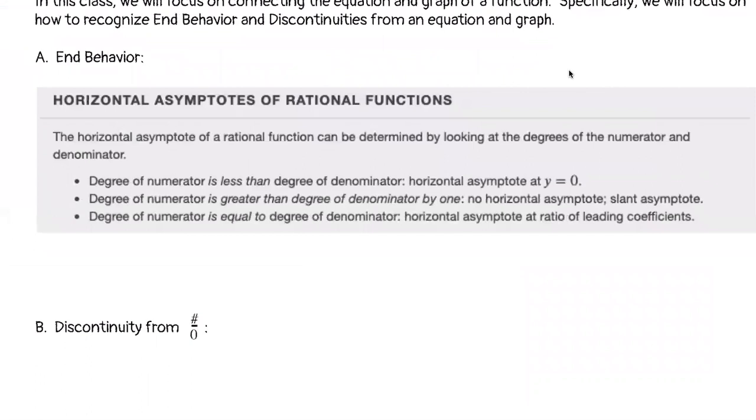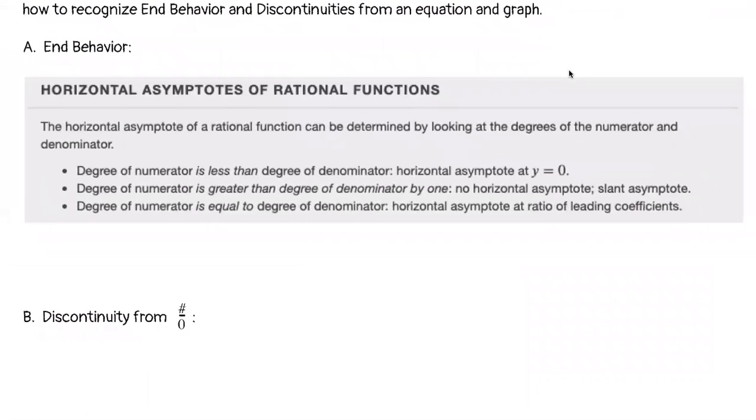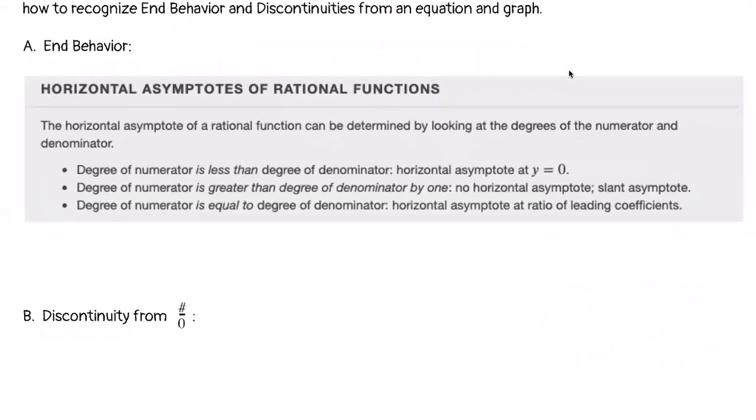We've talked about end behavior before, but one important thing to know is that when we have rational functions, we can have horizontal asymptotes. Those typically happen in a rational function. Here's how we can find out whether our rational function has a horizontal asymptote or not.